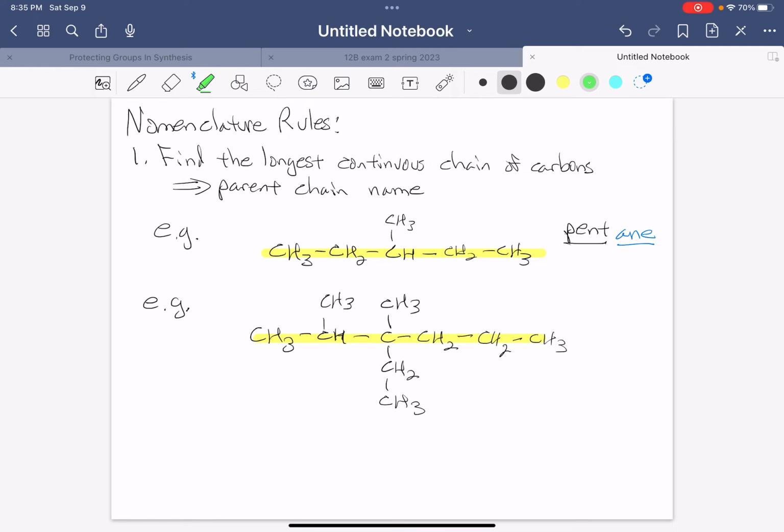But we could also have 1, 2, 3, 4, 5, 6, like so.